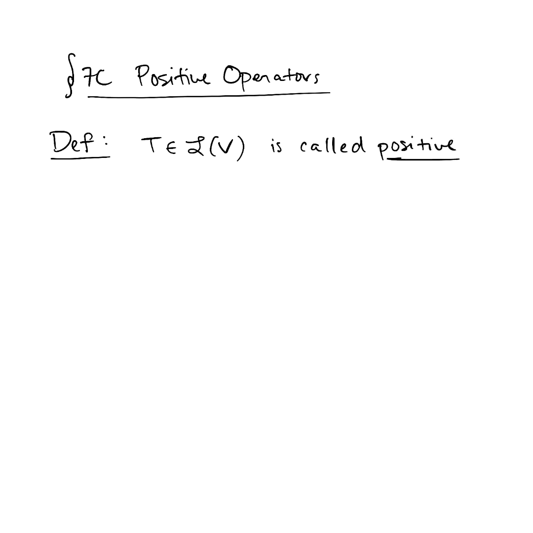So that's the term we're defining. If T is self-adjoint, so T equals T star, and the inner product of Tv with v is bigger than or equal to 0 for all vectors in this space. Okay, so that's what it means to be positive.